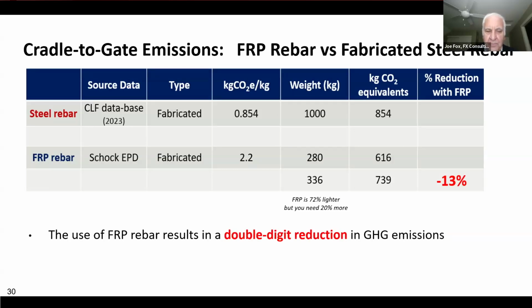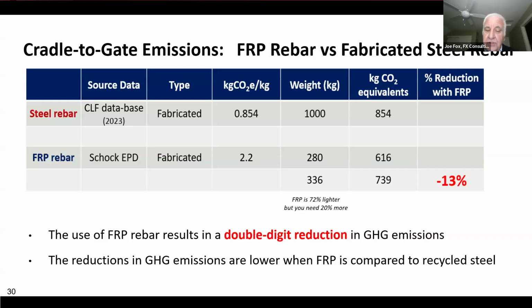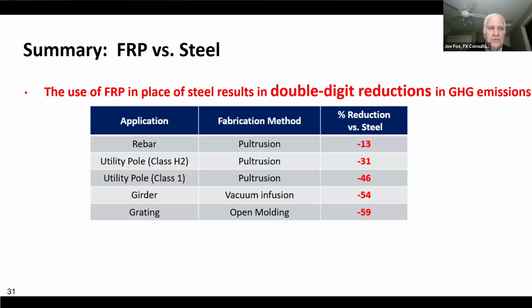So the use of FRP rebar again results in a double-digit reduction in GHG emissions, but the reductions are lower when FRP is compared to recycled steel. So summarizing this portion of my talk, I've shown you that the use of FRP in place of steel results in double-digit reductions in greenhouse gas emissions.